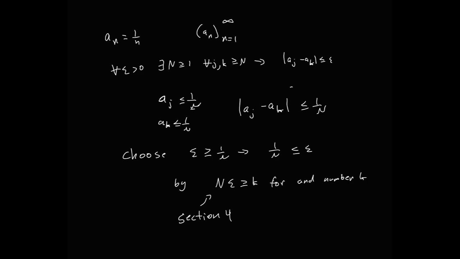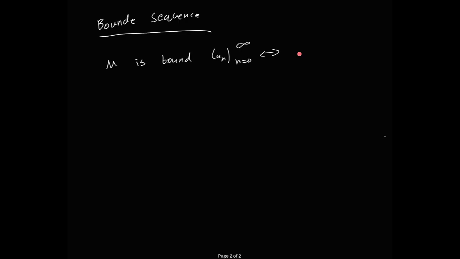Let's move on to bounded sequences. A bounded sequence just has a bound. So if M is a bound for a_n, then all a_n are less than or equal to M. One thing that you can show is that every finite sequence is bounded.